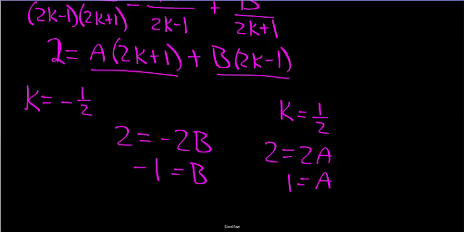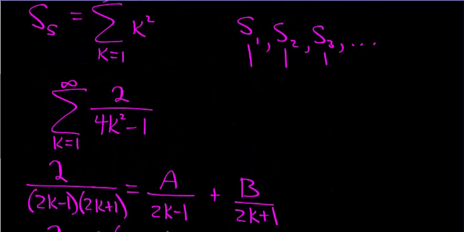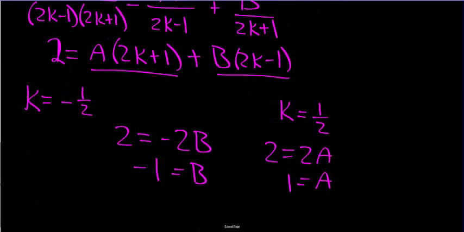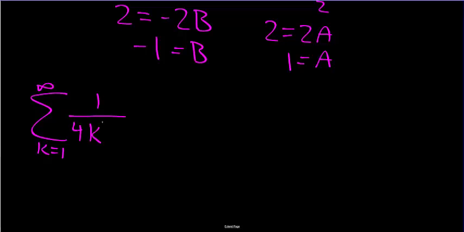Now we have a partial fraction decomposition. You might think, why did we even do that? We're not trying to integrate this. Well, look, let's put this together now. We have this summation, k goes from 1 to infinity, 2 over 4k squared minus 1.